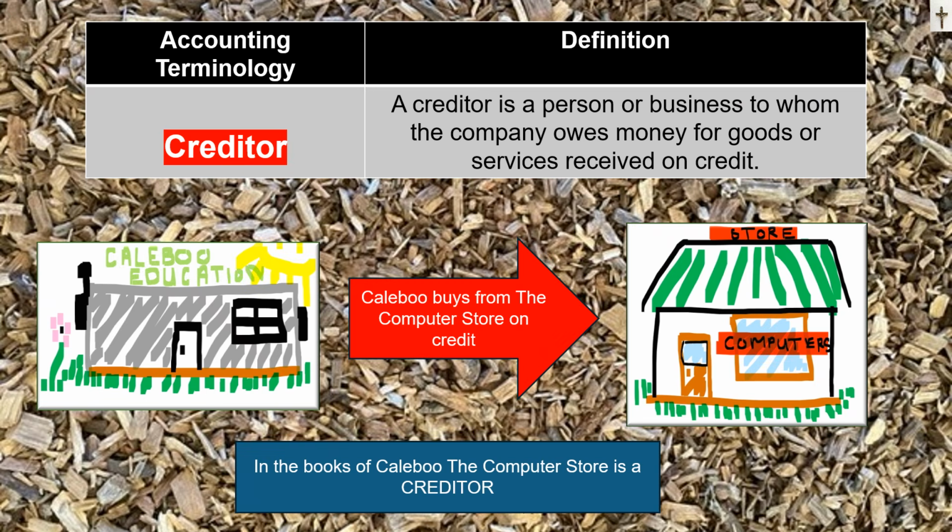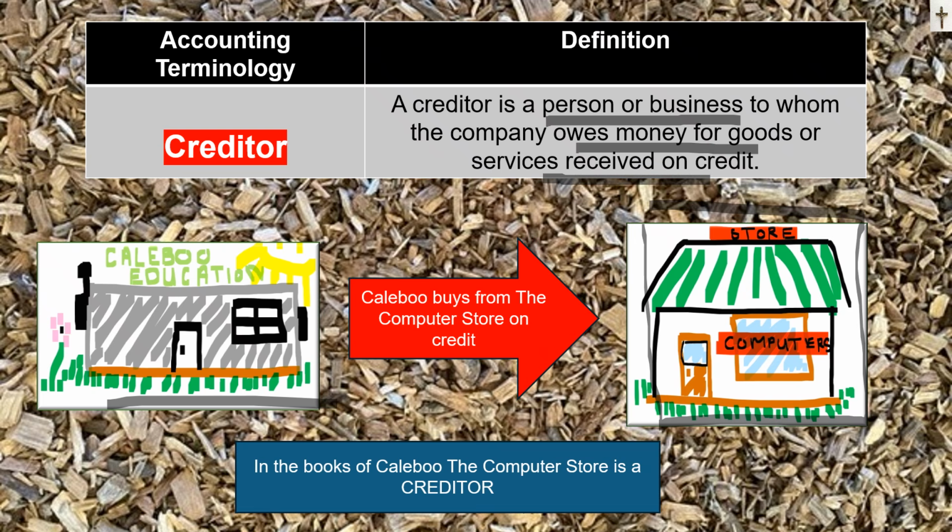What is a creditor? Now, a creditor is a person or institution that, remember, we're always looking in this case study as if we're doing the books of Calibu Education. We purchase from a creditor, the computer store, items on credit, say for example tablets to supply students. A creditor is a person or business to whom the company owes money for goods or services received on credit.